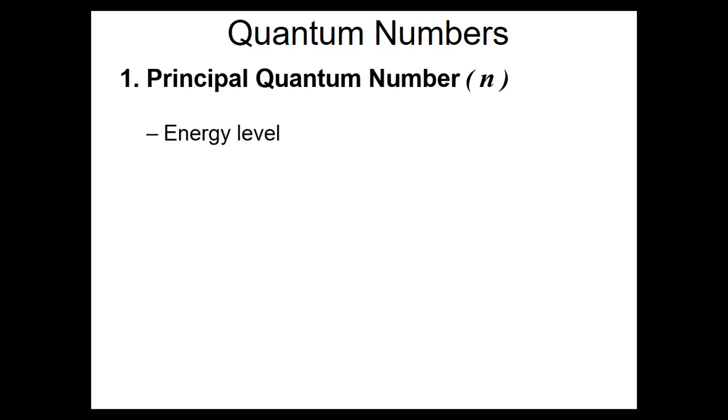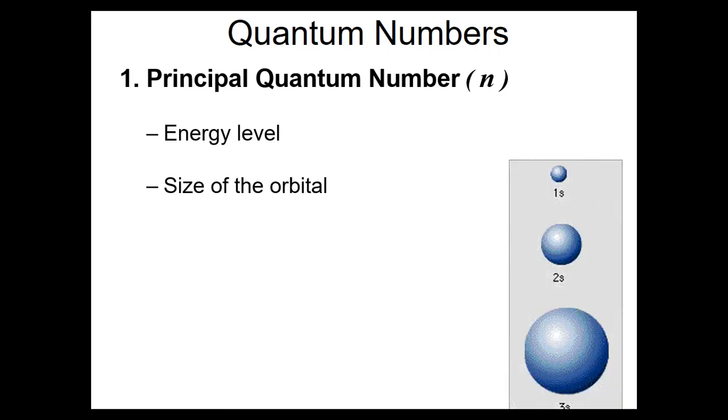So the first part of the address for an electron is called the principal quantum number, and this is symbolized as N. This is the energy level, and it will describe how large the orbital is. So here we have N with 3 different values, 1, 2, and 3.